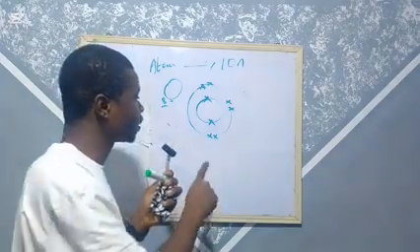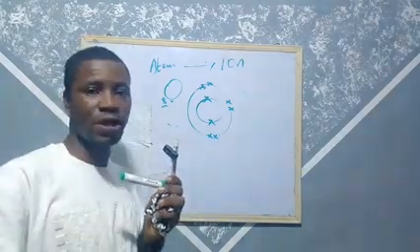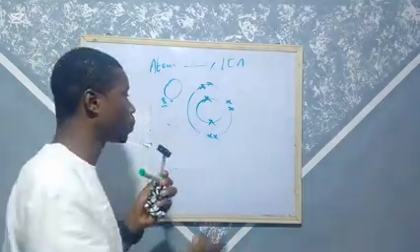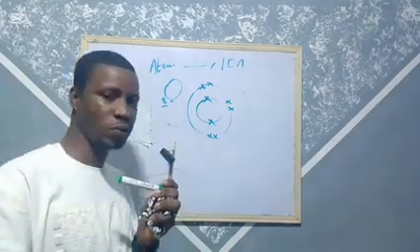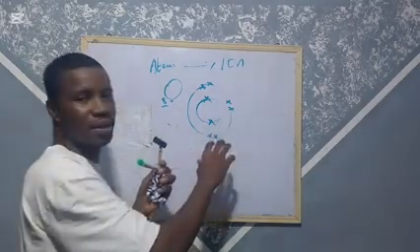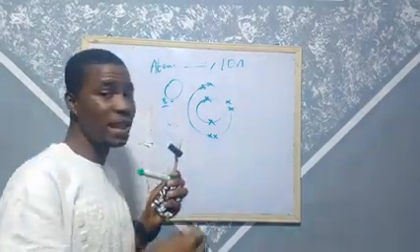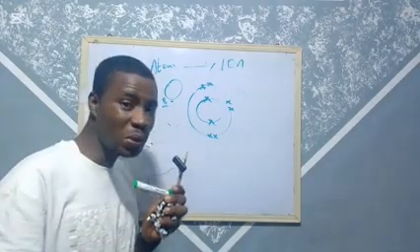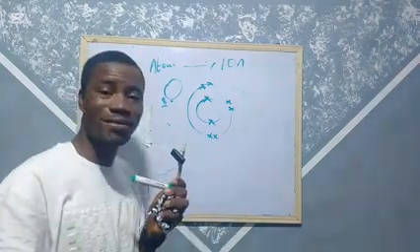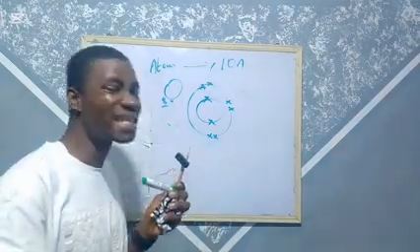When you are drawing the electronic configuration of every atom, the first shell is supposed to contain 2 electrons and the second shell is supposed to contain 8 electrons. But oxygen has only 6 electrons at the outermost shell. Take note of this: the electrons in the outermost shell of an atom are known as the valence electrons, while that outermost shell is called the valence shell.